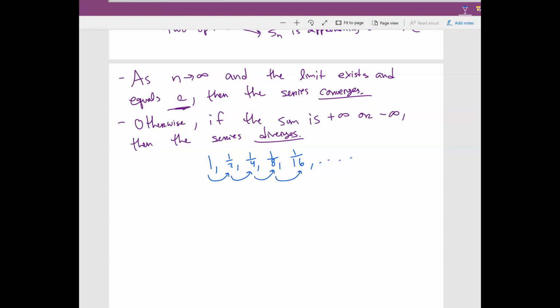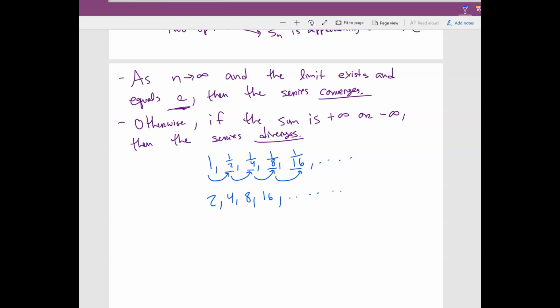These numbers get smaller and smaller, to the point that when I add them all together, the decimal numbers I keep adding are not really going to affect the total sum, as opposed to if I had 2, 4, 8, 16, where these numbers get bigger and bigger and are going to affect the entire sum.